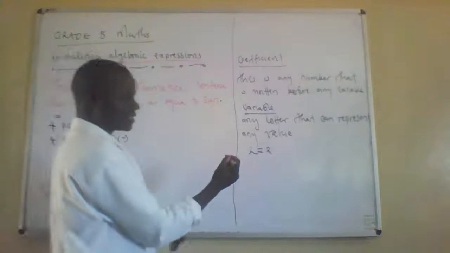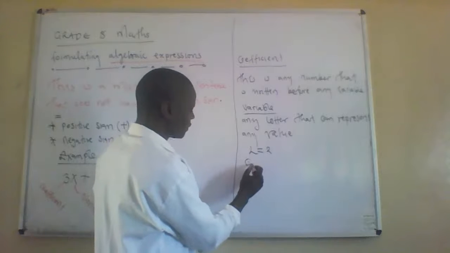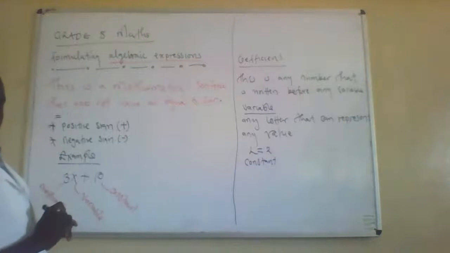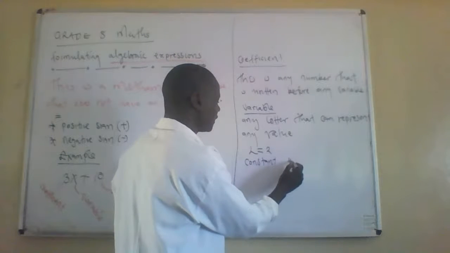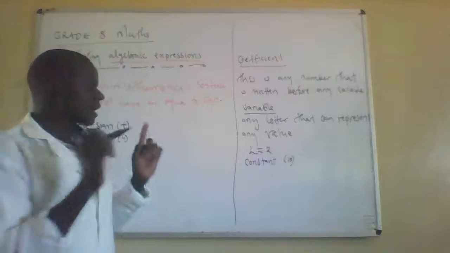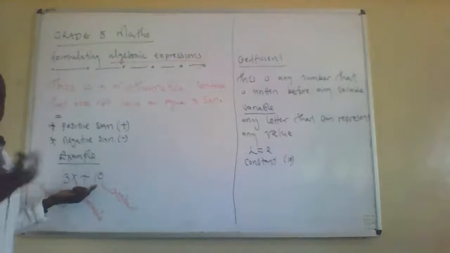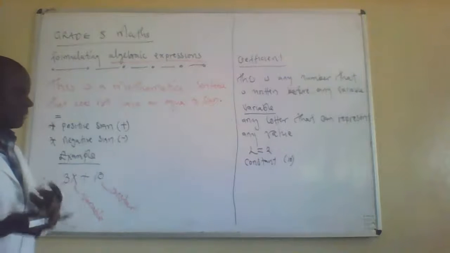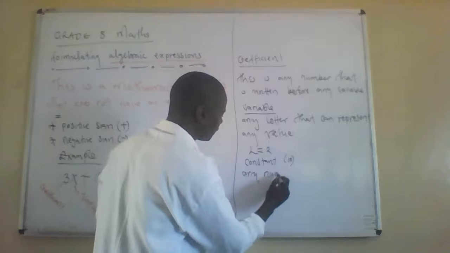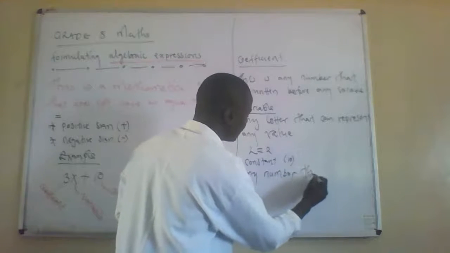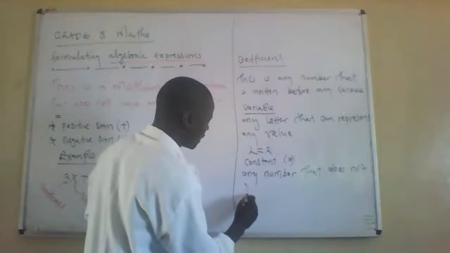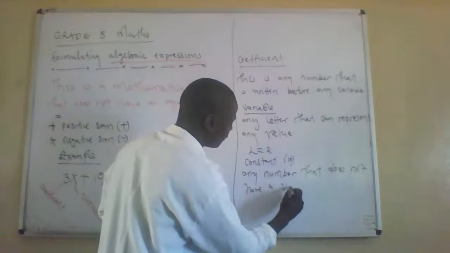Now let us understand what a constant is. In our case, the constant, as you can see here, is 10. How can we define a constant? We are saying a constant is any number that does not have a variable.